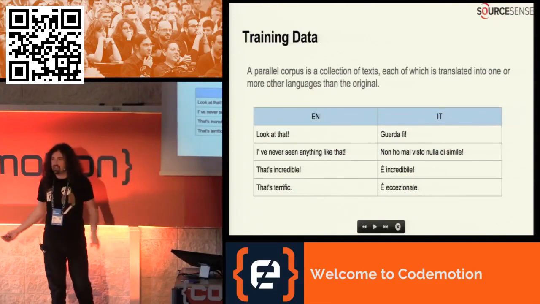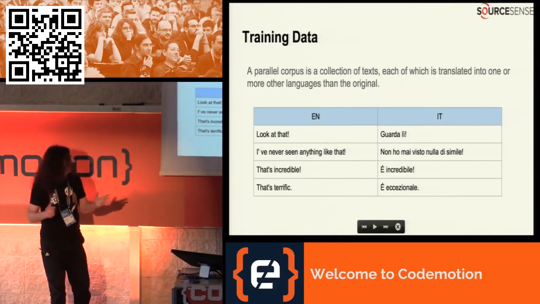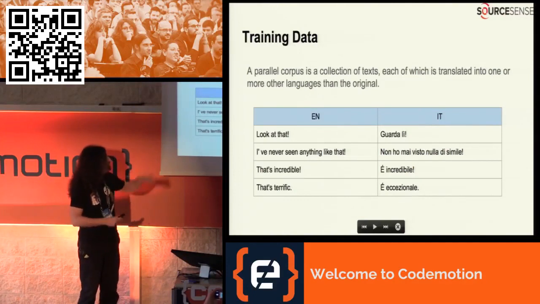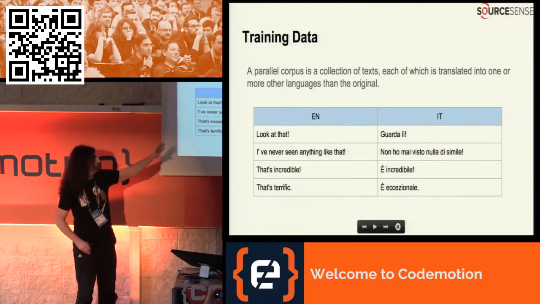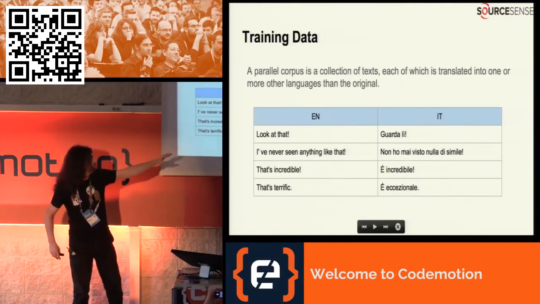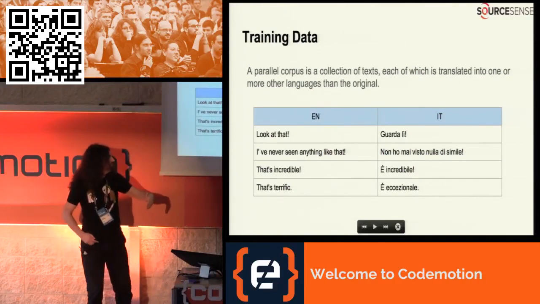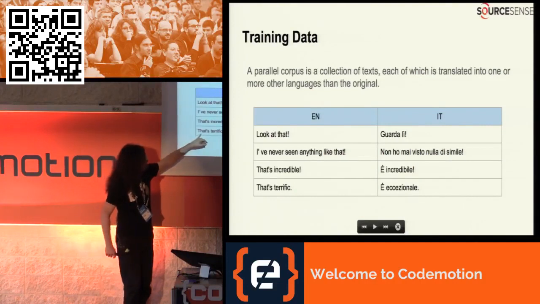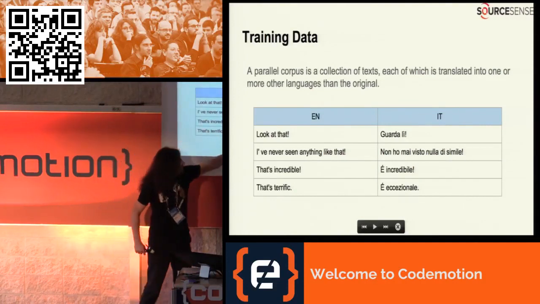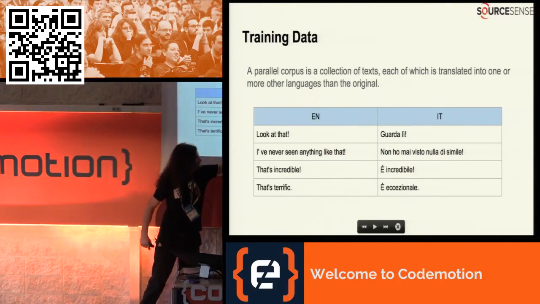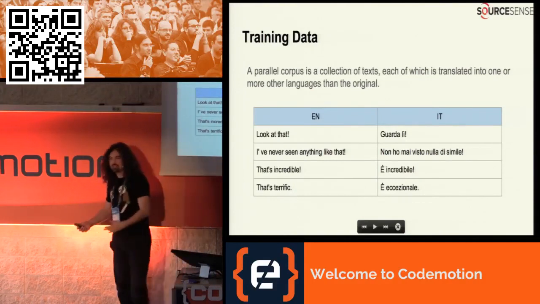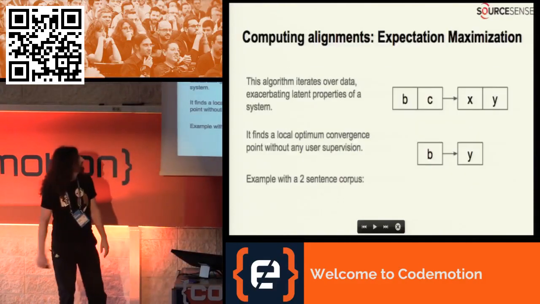We then arm ourselves with training data as much as we can. It's called a parallel corpus. It's a collection of texts, each one is the translation of the other. So look at that, guarda là, I never saw anything like that, and so on. And you can see that that usually can occur with è, which is the word is in Italian.